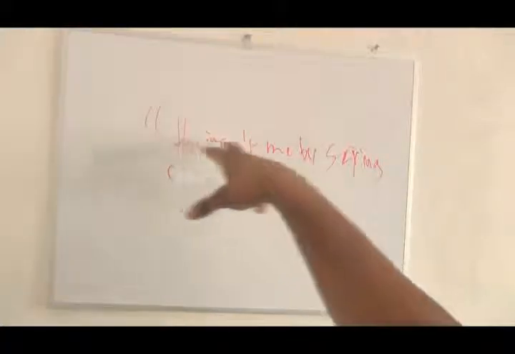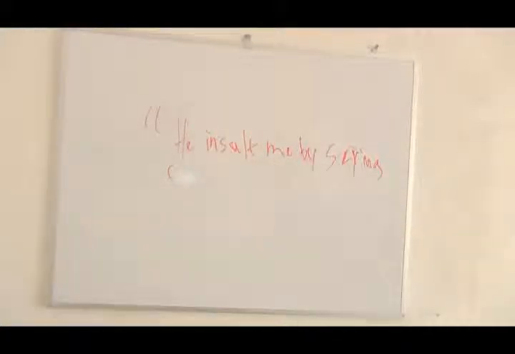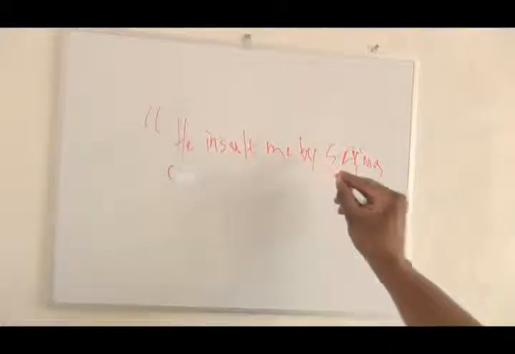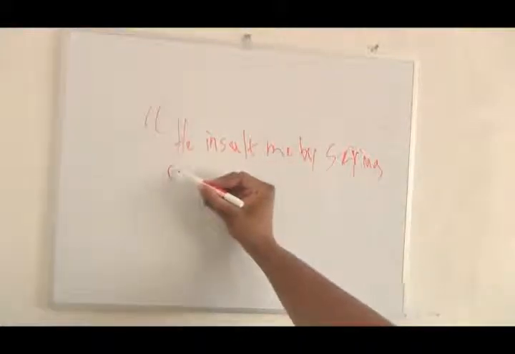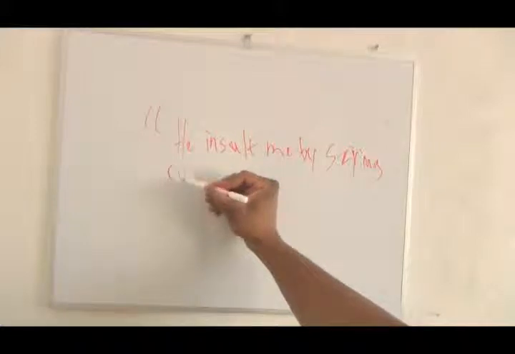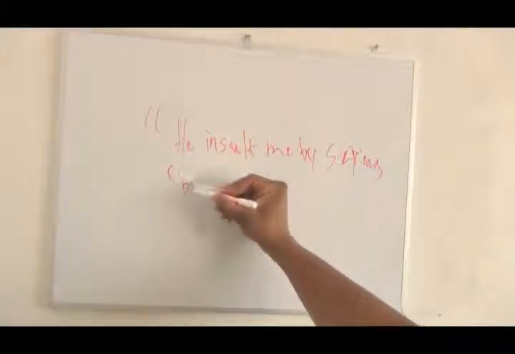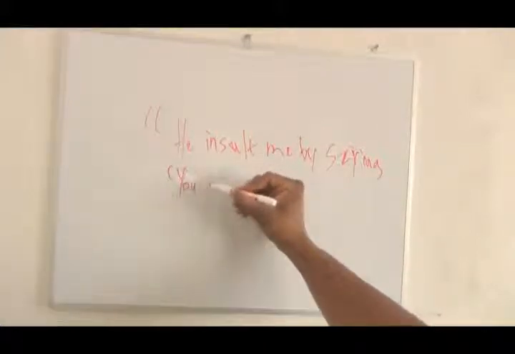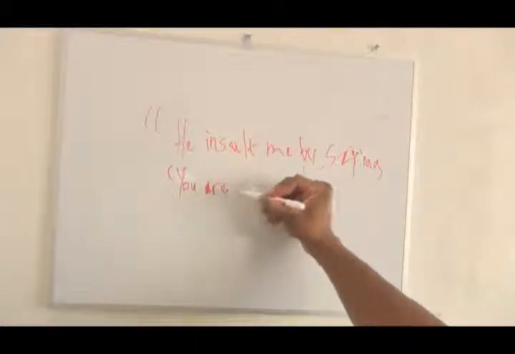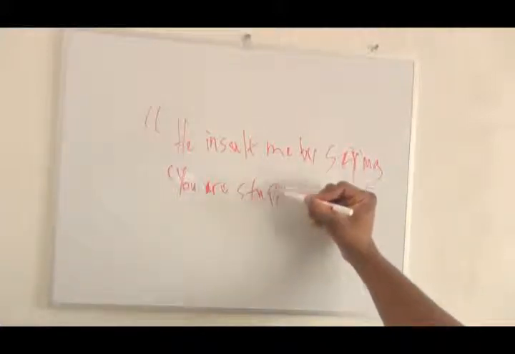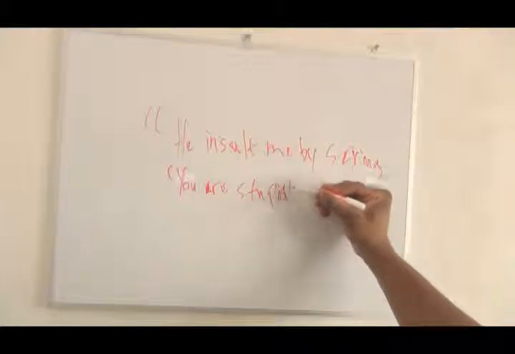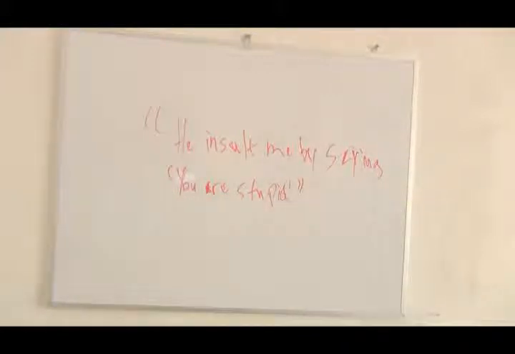See, whenever you're quoting somebody that's quoting somebody, you open quote, say what it is they said, and then "he insults me by saying, 'you are stupid,'" boom, another comma, and then close quote. You see what I just did right there?